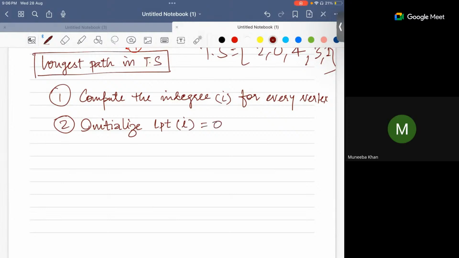So for all the vertices, you just put the longest path from wherever you're starting. The longest path to every other vertex is 0, for all I that belongs to vertex V.